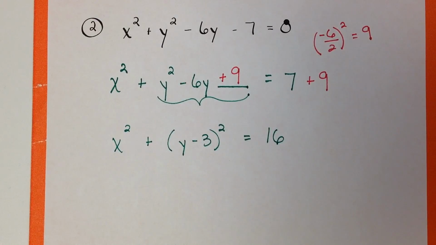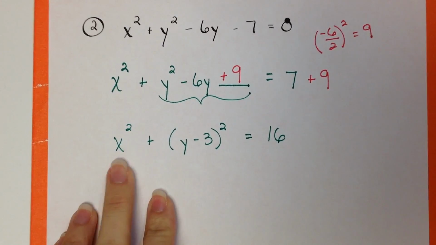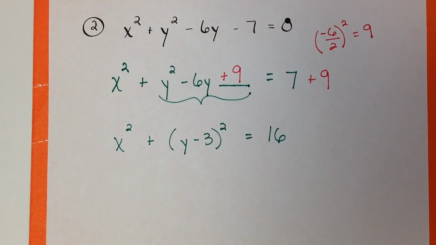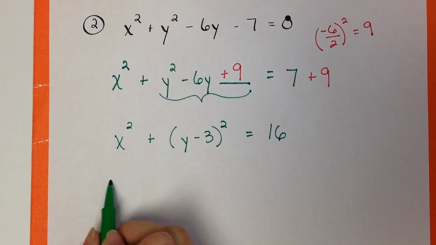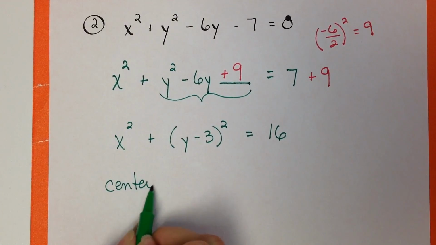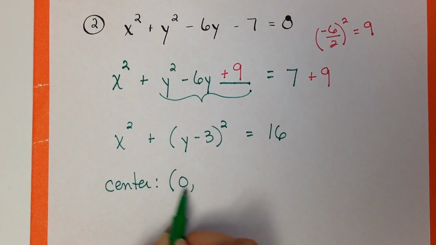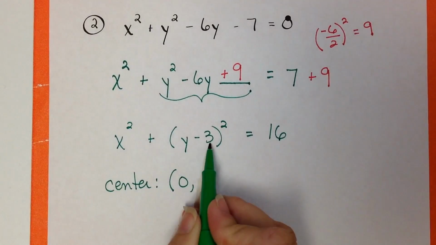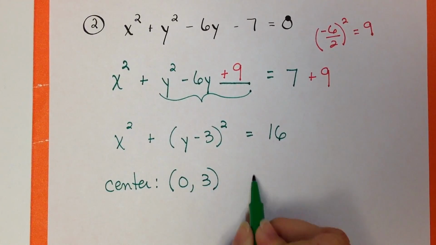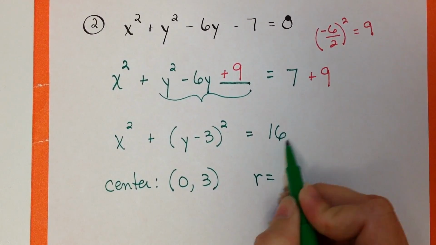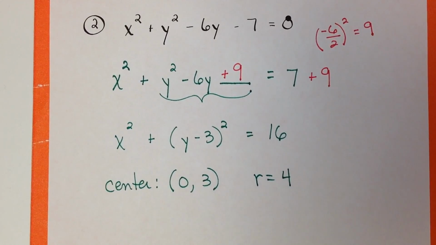We just didn't have to complete the square on x because the coordinate that I'm going to get from here is just that understood 0 that we talked about earlier. So the center is going to be 0 that comes from here, positive 3 that comes from here. Again, this is r squared, so r then would just be 4.